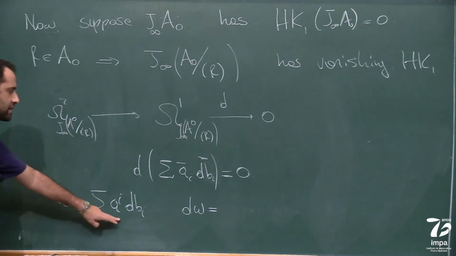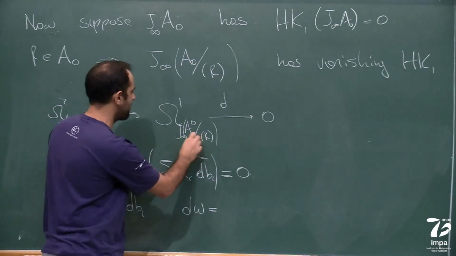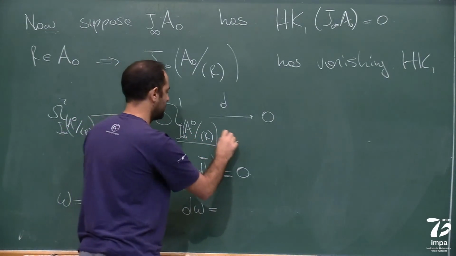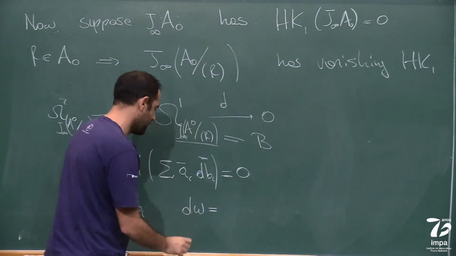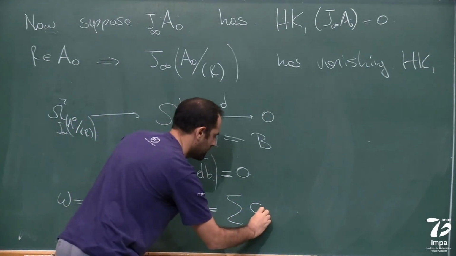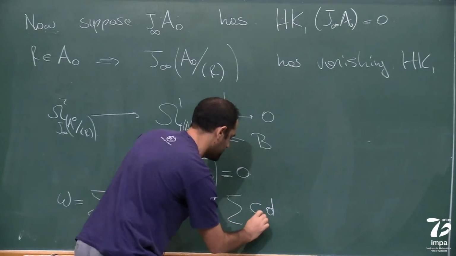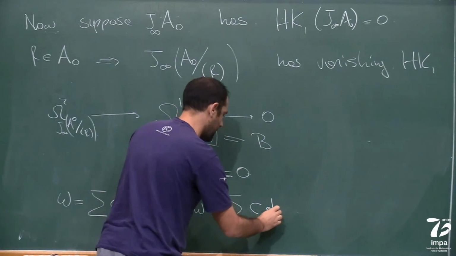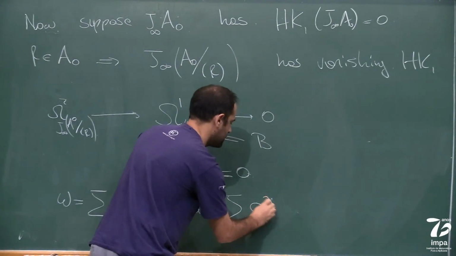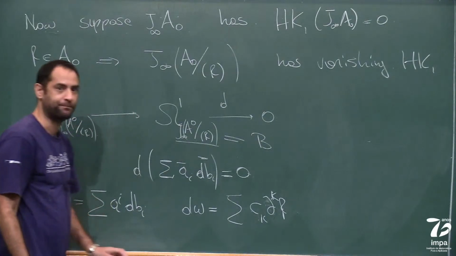Well, this guy is not 0, but it is 0 once I pass to this arc algebra. In our paper, we call this guy B. So this guy is non-zero, but it is a combination like this: some C_k, and then some derivatives, T^k, of F.